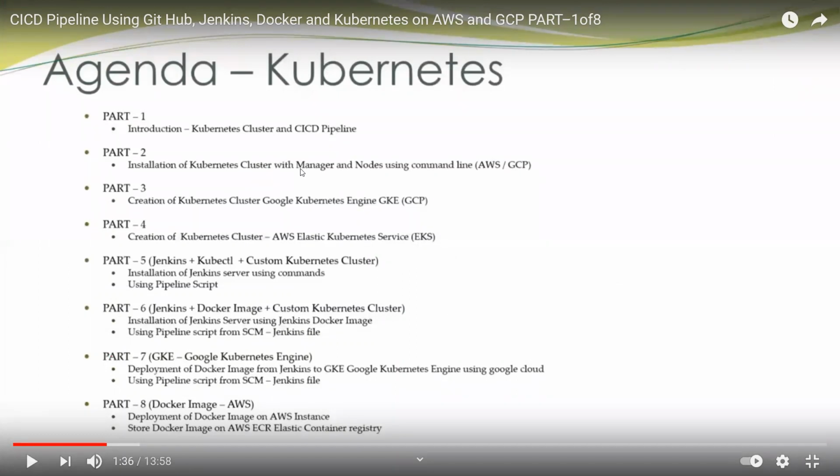And we created the manager and nodes in part 2 of this series. Also in part 3, I created the Kubernetes cluster using GCP GKE, Google Kubernetes Engine, which is a PaaS service from Google.